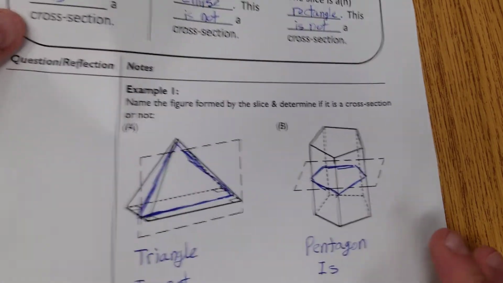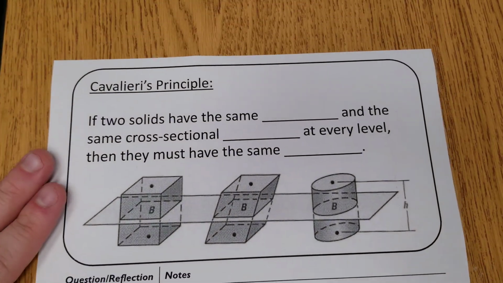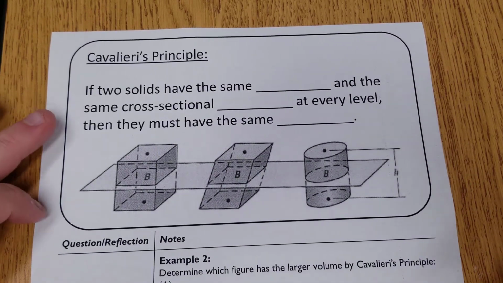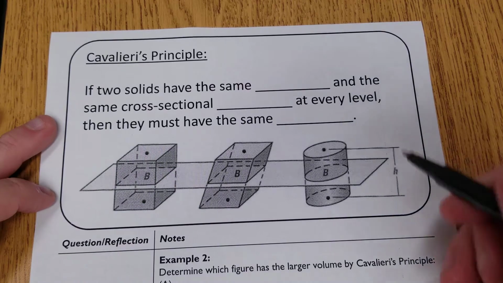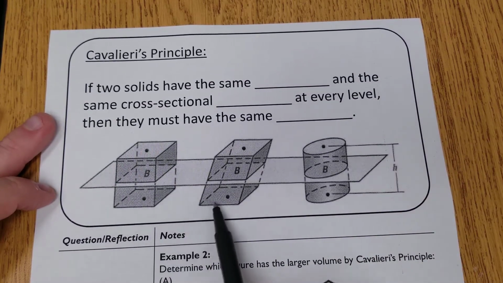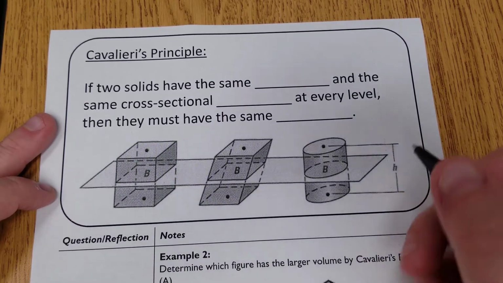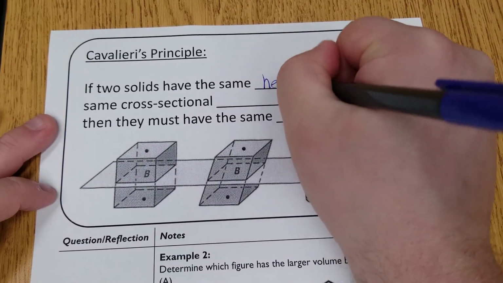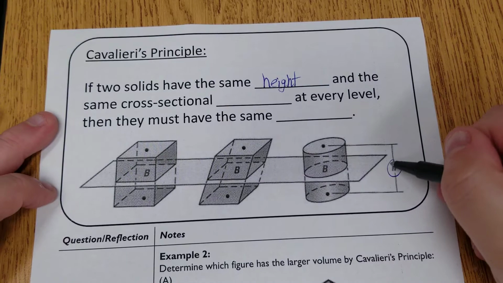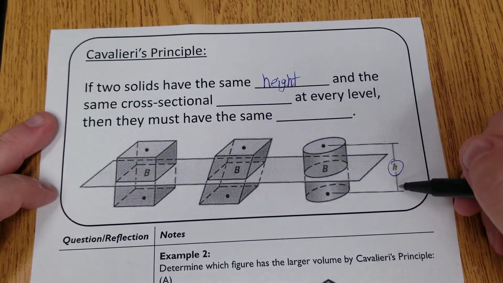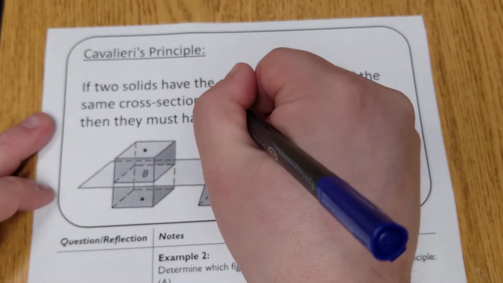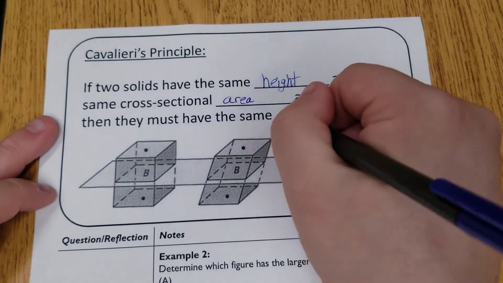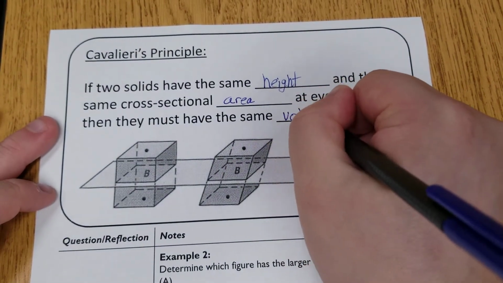The other common question that we get is based off of a very famous mathematician by the name of Cavalieri, who developed the following principle. If 2 or more 3D solids have the same height, so you'll notice in these 3 pictures here, they all have this same height from top to bottom, and they have the same cross-sectional area at each level, then they are forced into having the same volume.